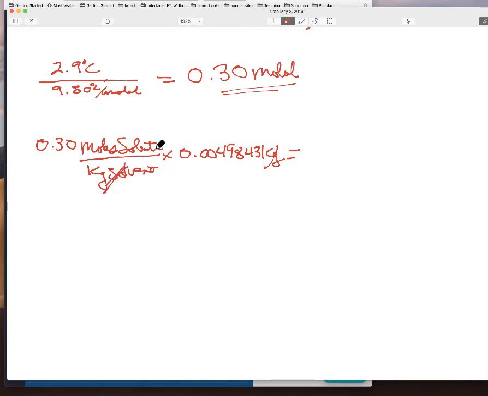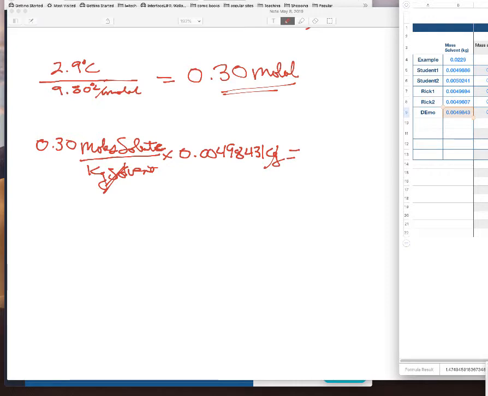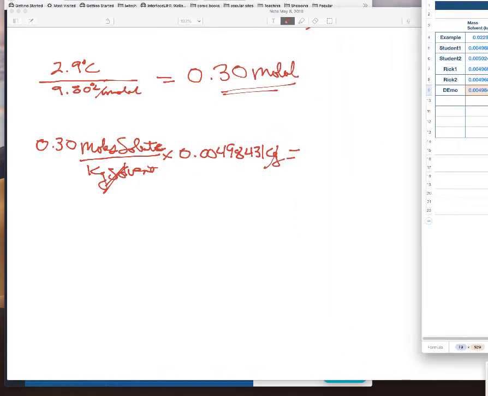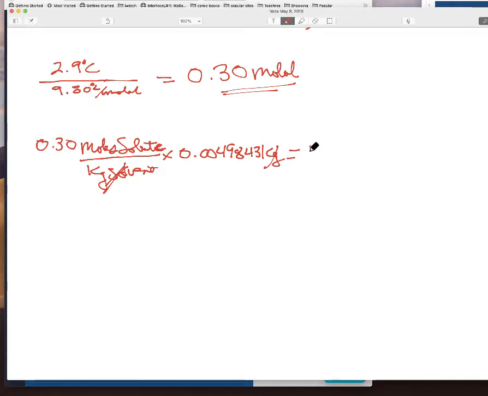The number in our spreadsheet is 1.47 times 10 to the minus 3 moles of solute.